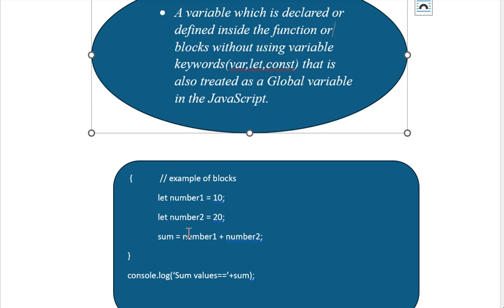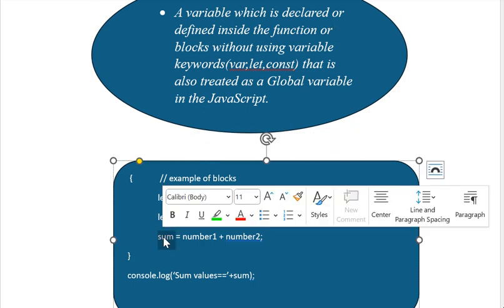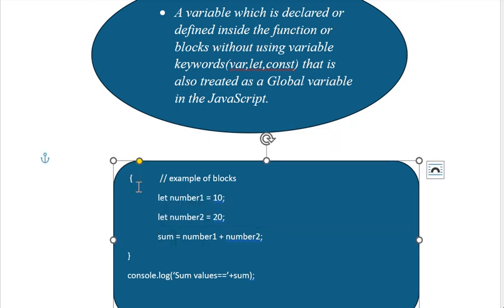A global variable can be accessed outside of the block. As already discussed in the previous video, a global variable can be accessed anywhere in the program, outside of the block or inside the block. We have not declared sum outside of the block.